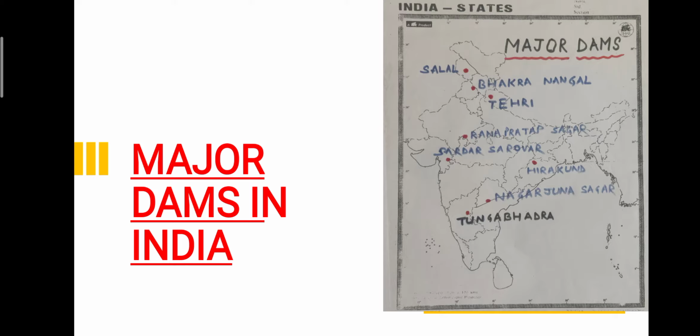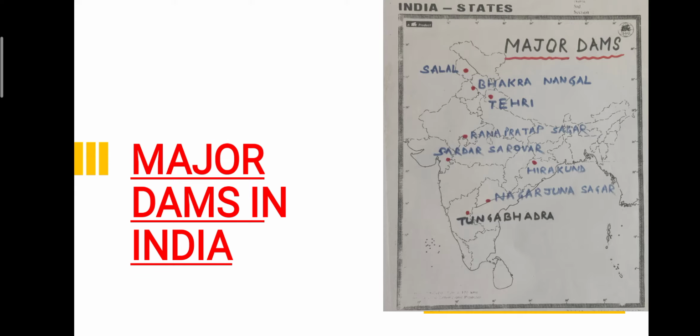And then next in Karnataka state, that is Tungabhadra, on the Tungabhadra river. And the 8th one is Nagarjuna Sagar in Telangana state, or you can say on the border of Telangana and Andhra Pradesh. So all these major dams are going to come in the exam.